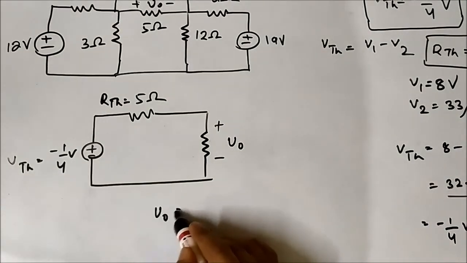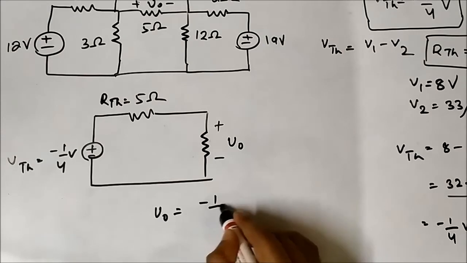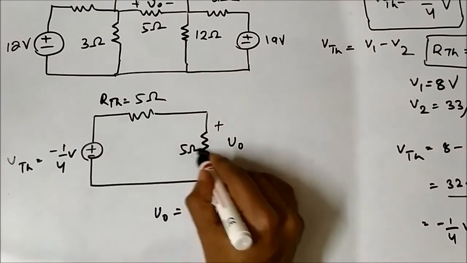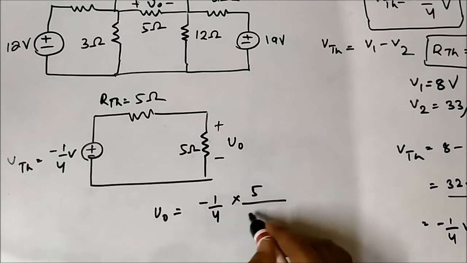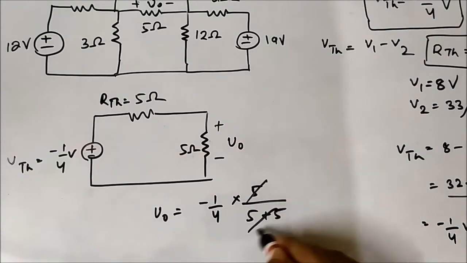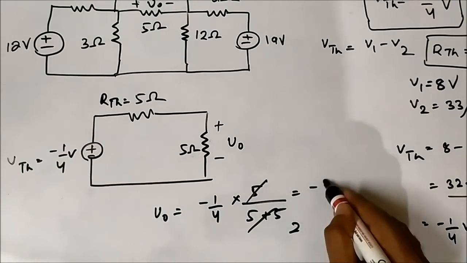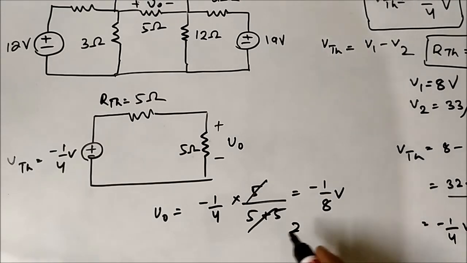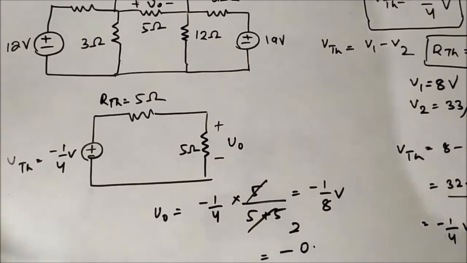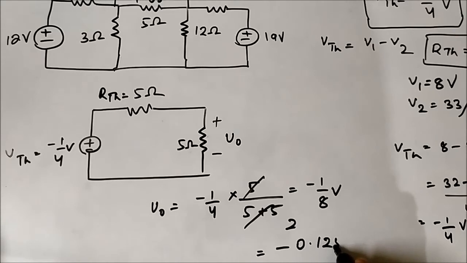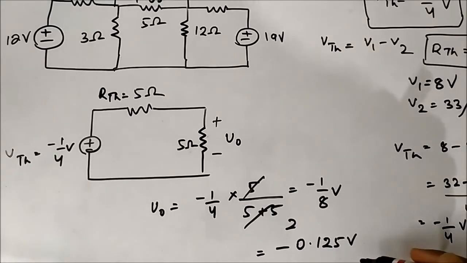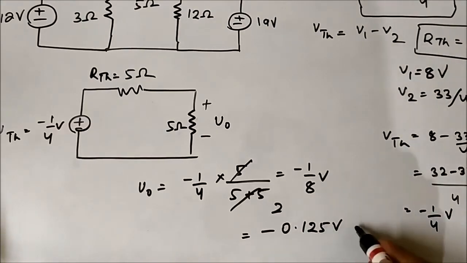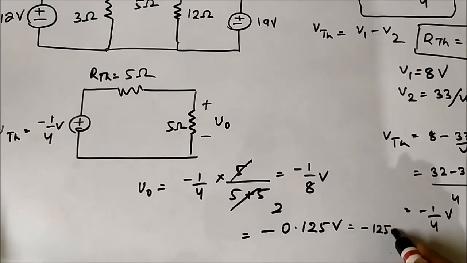V0 is minus 1 by 4, this is 5 ohm, into 5 by 5 plus 5, which is simply 2 here, and it will be minus 1 by 8 volt, which is minus 0.125 volt, I think, yes, 0.125, and we can also write it as minus 125 millivolts.